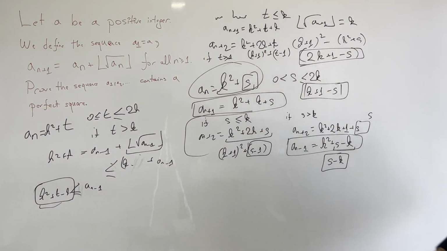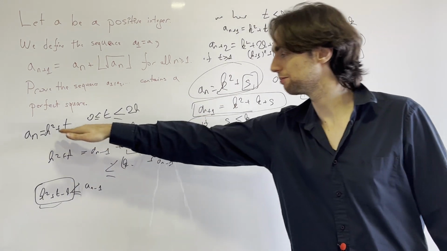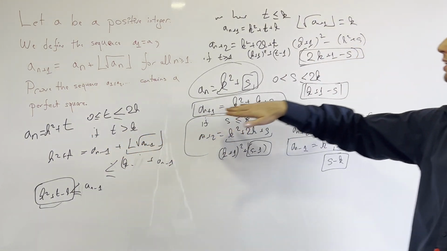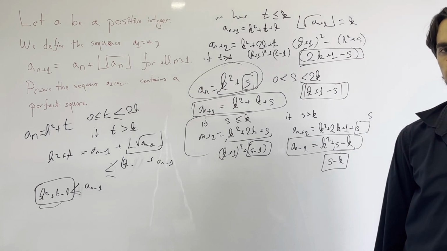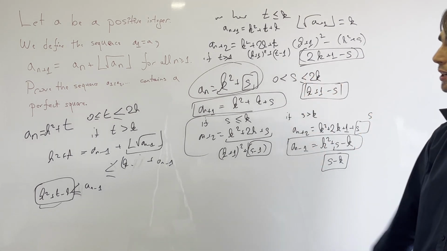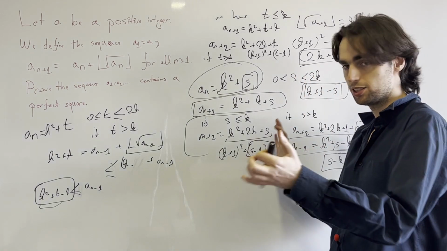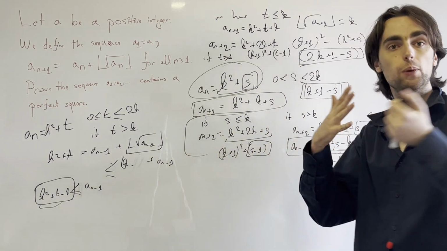So if the smallest member here is greater than 0, then after 2 steps, I'm going to find a smaller one of the same form. And this is showing by the extremal principle that we will be done.